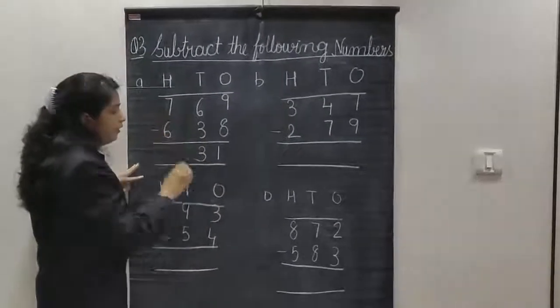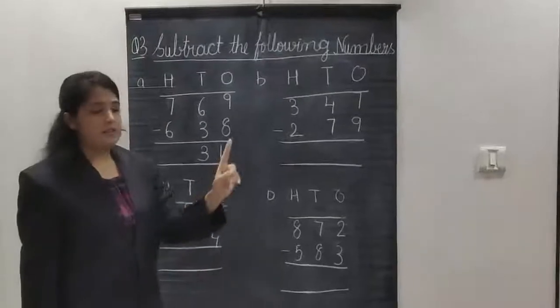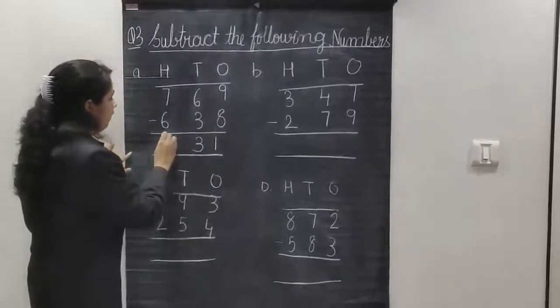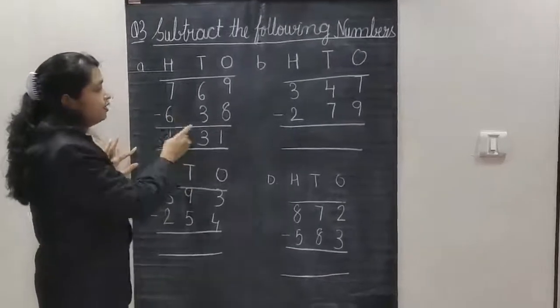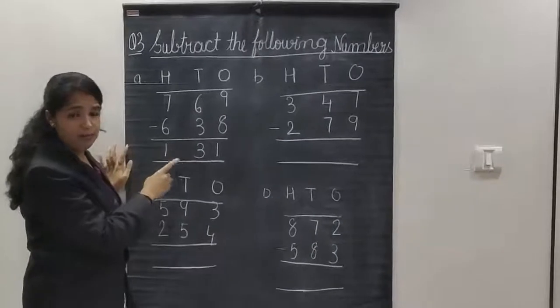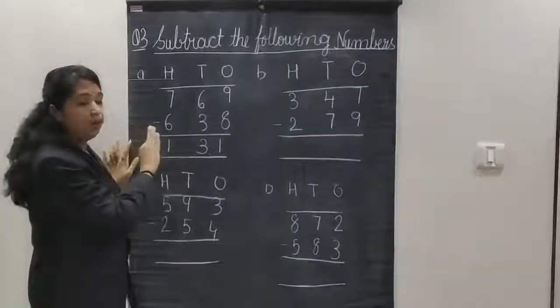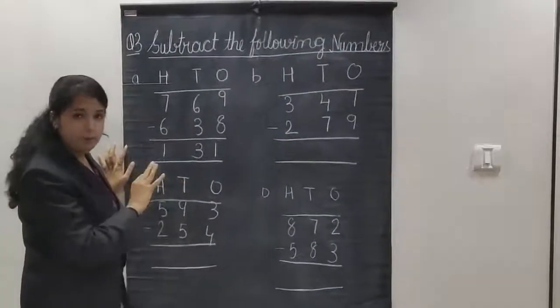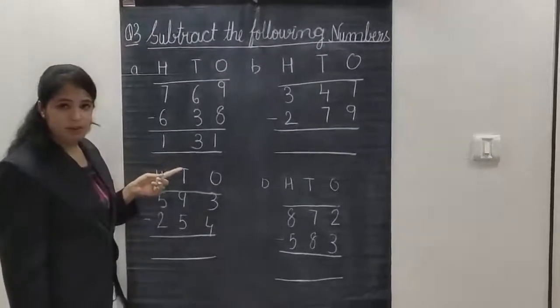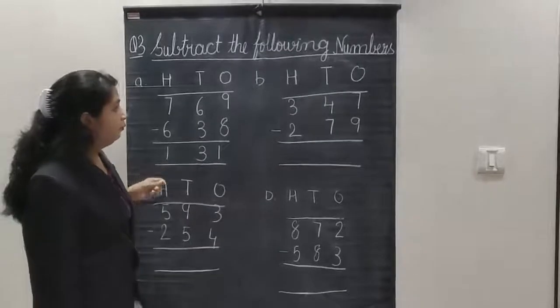After 6 till 7. 6, then 7. 1 on my finger. So this is the example of subtraction without regrouping, right? We have not done any regrouping, not any borrow, right? So the answer is 131.